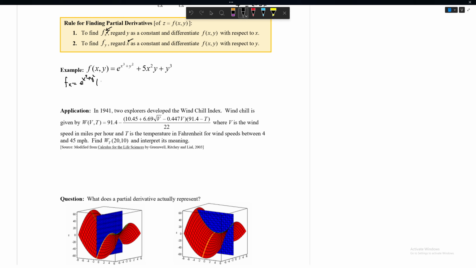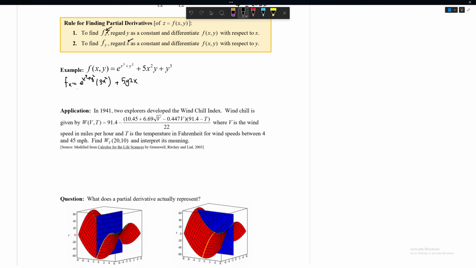Since we're deriving in terms of x, I derive x^3, which is 3x^2, plus y^2 is a constant, so this goes to 0, plus 5y x^2 in terms of x would be 5y, the constant stays, so if y was 10, you'd have 5 times 10, and then you derive x^2, which is 2x, plus y goes to 0, okay?